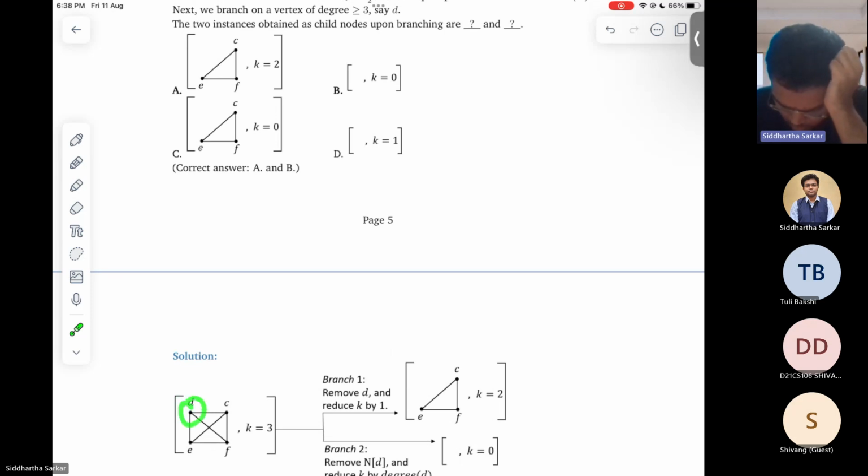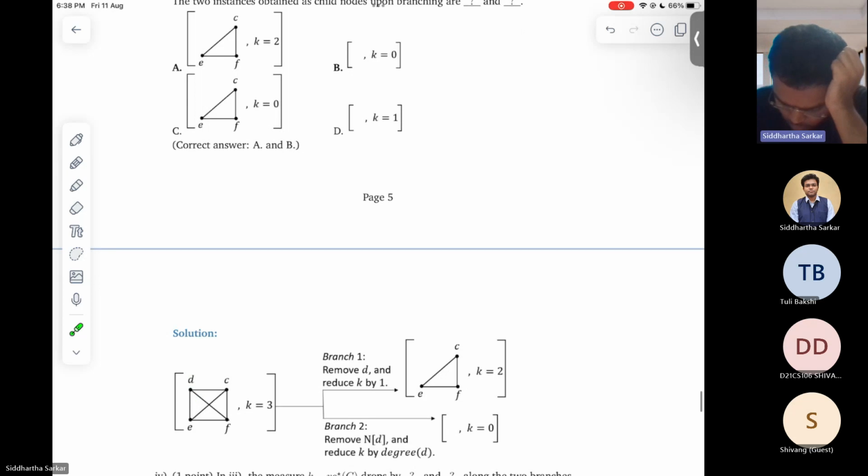Consider the vertex D. If you remove D, then you are essentially covering these edges. So the graph you're left with is this. And because you have already taken D, your parameter drops by 1.